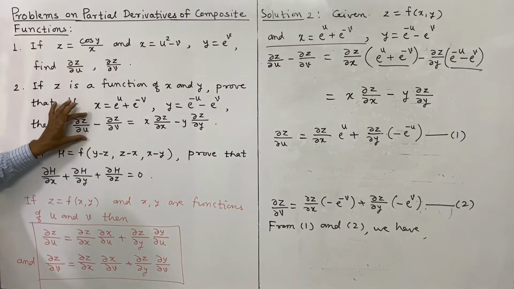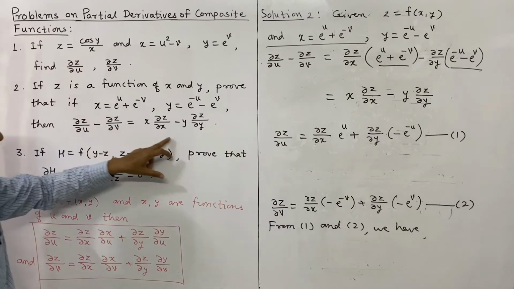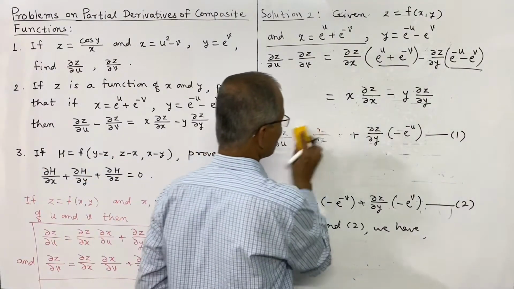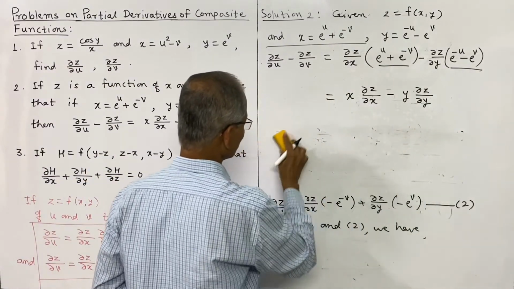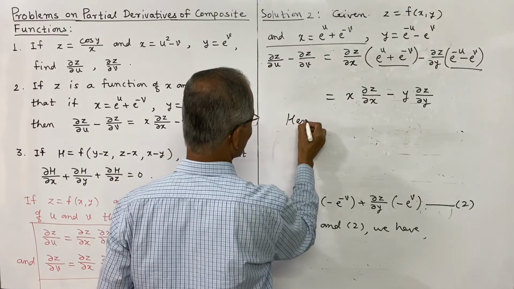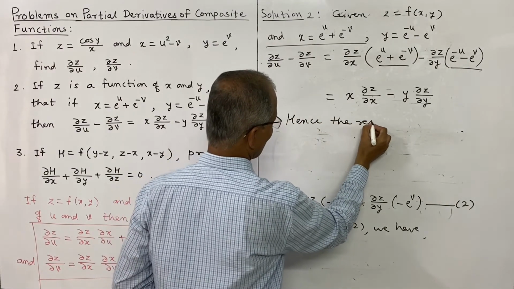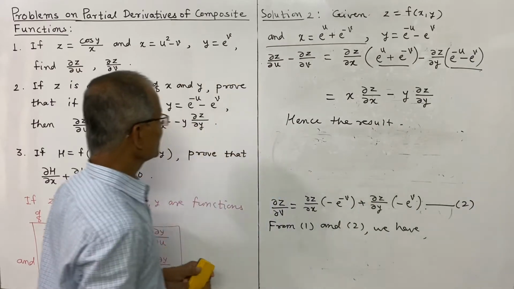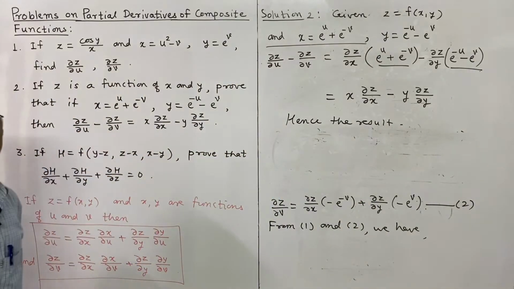So ∂z/∂u minus ∂z/∂v is equal to this expression, hence the result. So this completes the solution of the second problem.